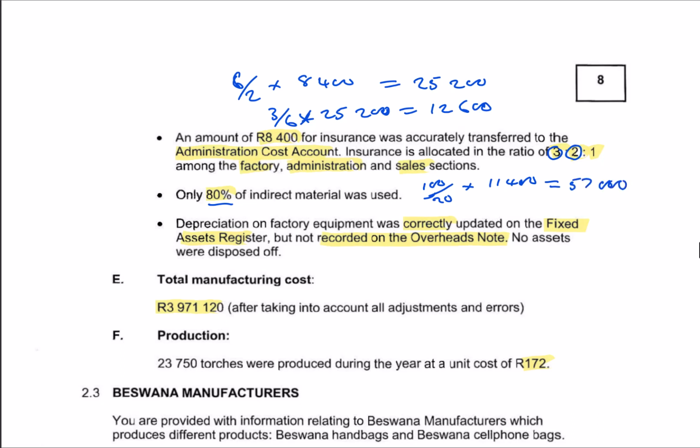Then you say that 57,000 times 80%, you get 71,250.